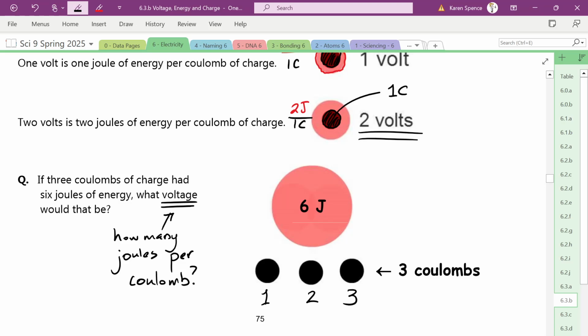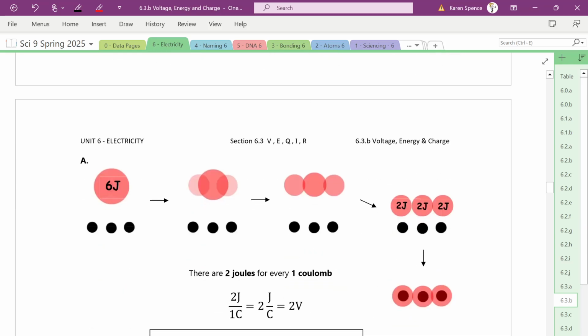Hopefully, most of you can see that that is going to be 6 joules per 3 coulombs, which is going to give you 2 joules per 1 coulomb, which is 2, what's the unit? Volts. Excellent. It kind of shows it here.